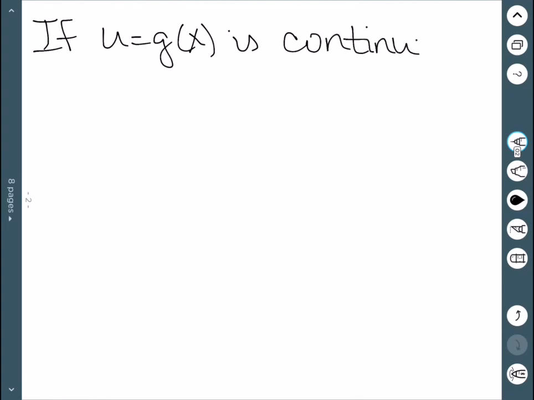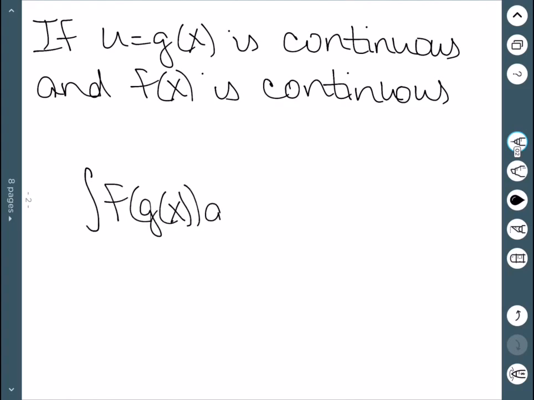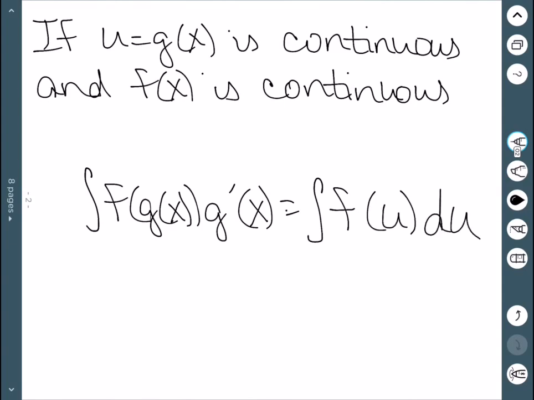So the actual rule says that if u equal to g of x is continuous, and f is continuous, then we have that the integral of f of g of x, g prime of x, is the same thing as the integral of f of u du.